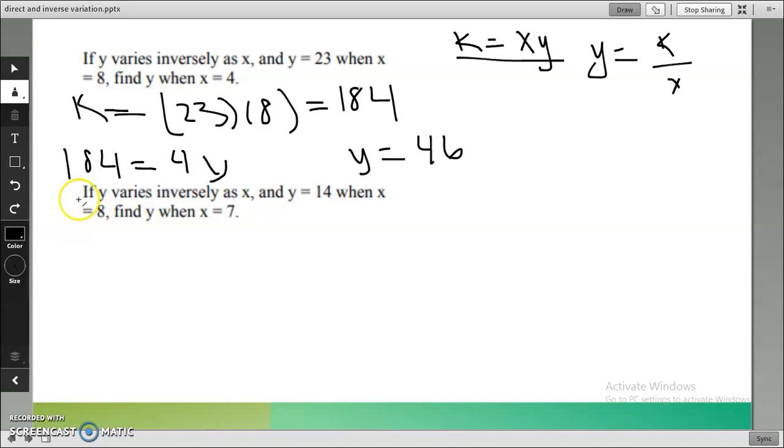All right, it says if y varies inversely as x and y is 14 when x is 8, find y when x is equal to 7. All right, so again we'll say k is equal to xy, which is 14 times 8.